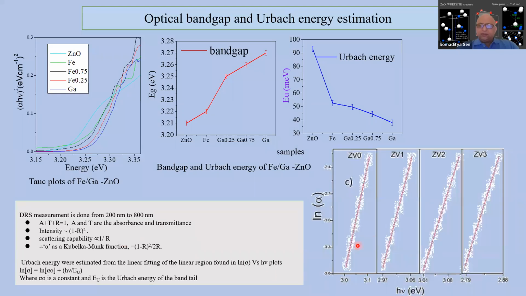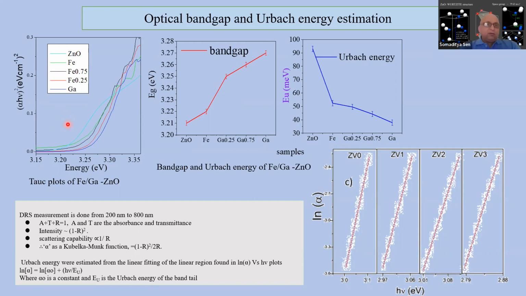So from the slope of this log alpha versus h nu, we can get the Urbach energy, or the energy which is stored as disorder in the lattice. So disorder, not defects, disorder in the lattice due to the structural deformations at the sites.